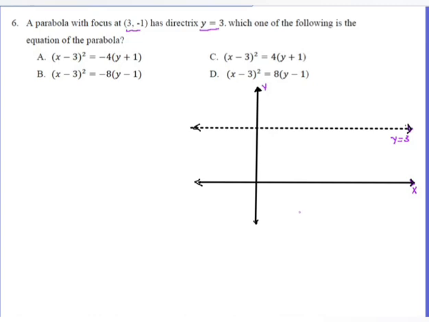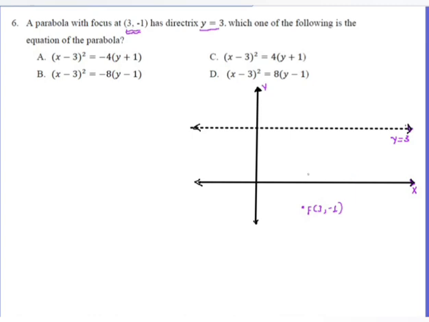The other information about the parabola is 3 comma minus 1 is the focus, which is in the fourth quadrant. So now we can think about the parabola.